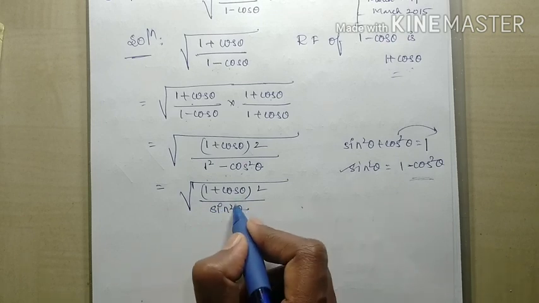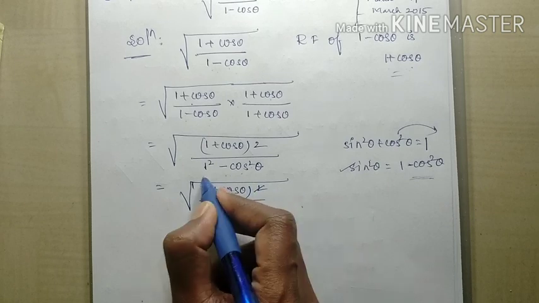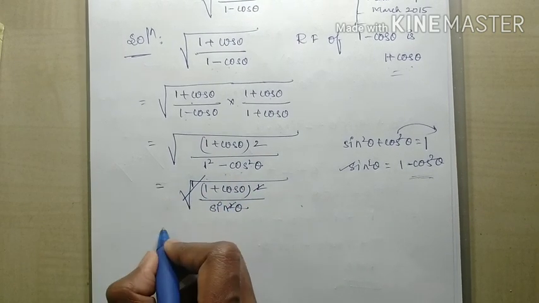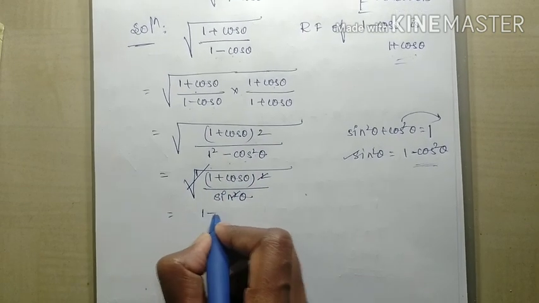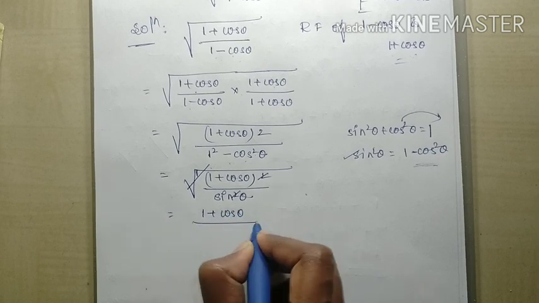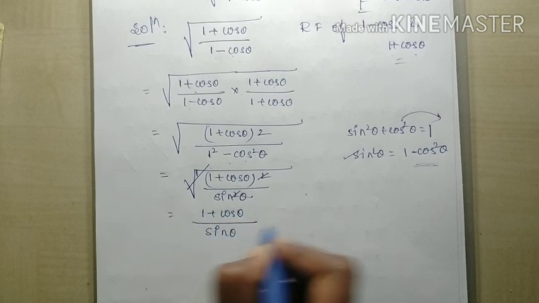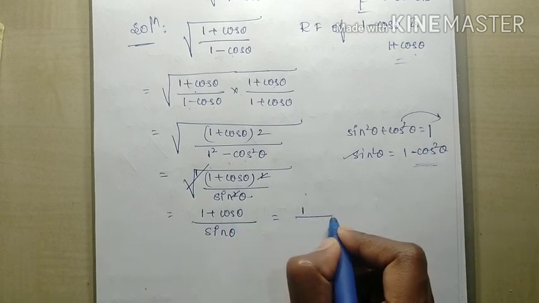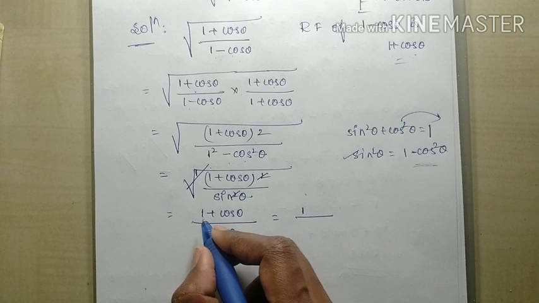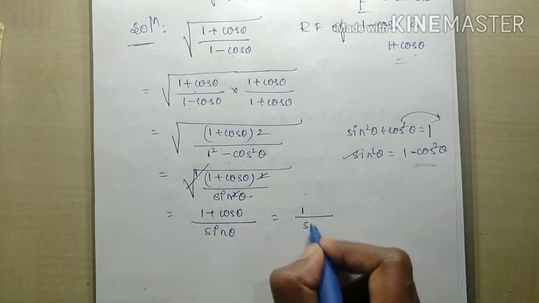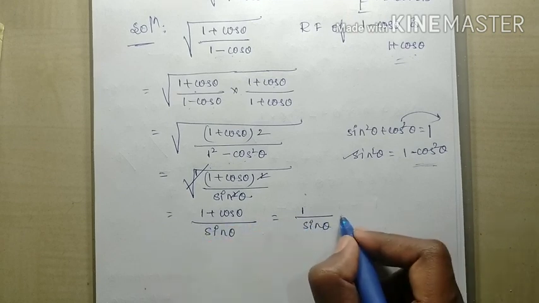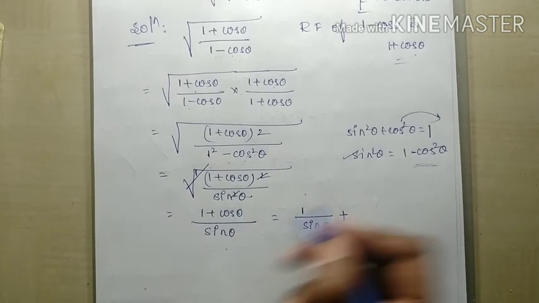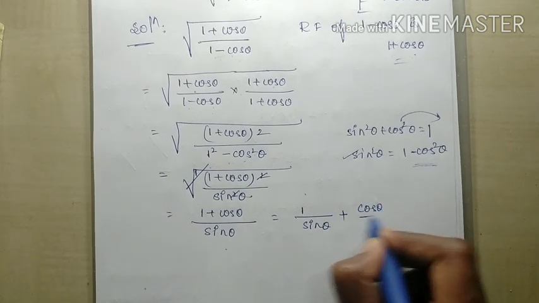So now this square and this square root will get cancelled. So what is remaining? 1 plus cos theta by sin theta. So this equals, let me divide separately for the numerator, 1 by sin theta plus cos theta by sin theta.